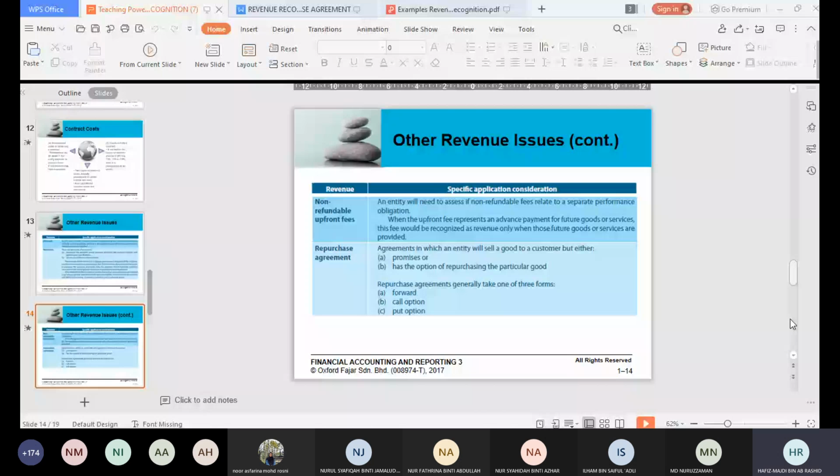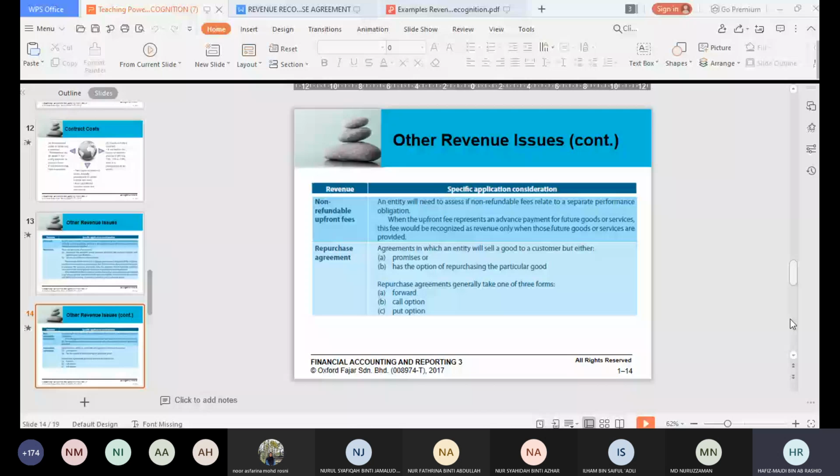If it is an advance payment, you can only recognize it as revenue when you deliver the products. The upfront fees you receive on the date you receive the cash cannot be recognized as revenue yet. It can only be recognized when you deliver the goods or provide the services to your customers.